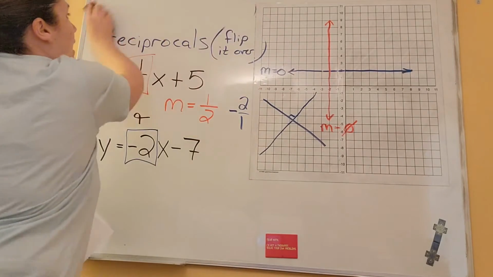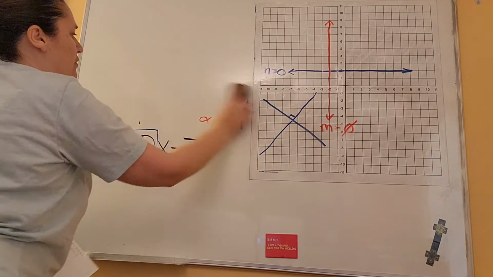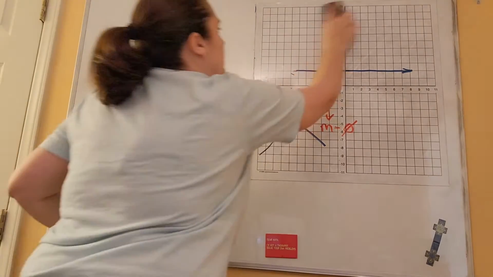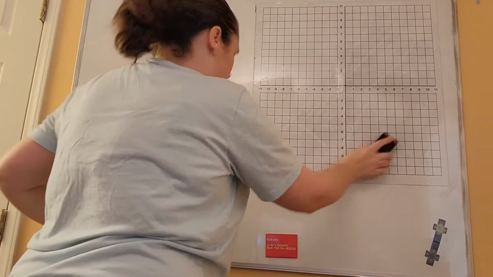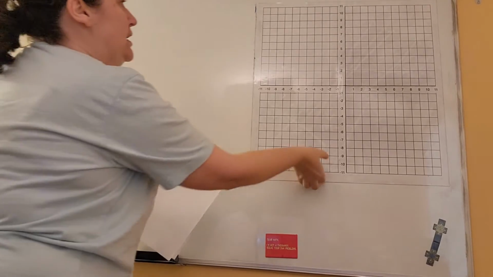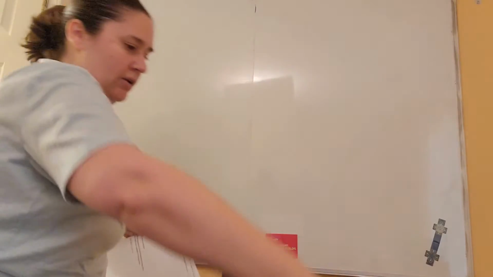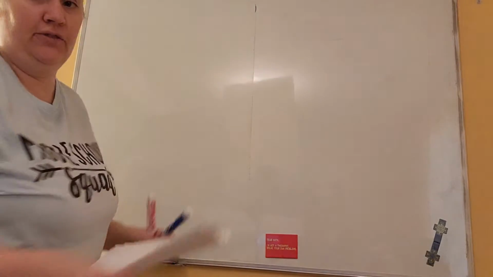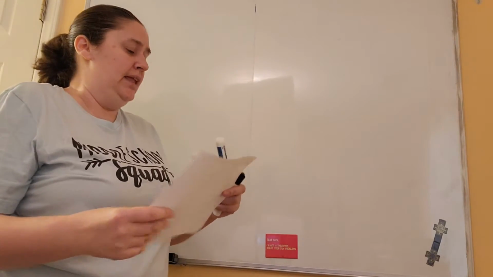We have to figure out if these lines are perpendicular, parallel, or neither. And I'm going to take my grid off of my board because I don't think we need it for this. Let's see.